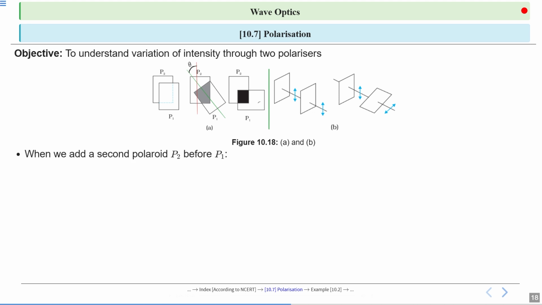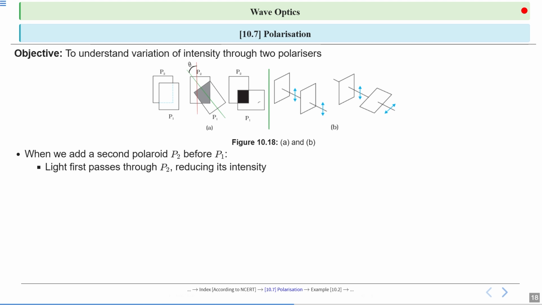So let's start by adding a second Polaroid before P1. This is an important step because it sets the stage for observing how light behaves when it encounters multiple polarizers. Initially, light will pass through P2 and this will reduce its intensity. Keep in mind that the orientation of P2 affects how much light gets through.